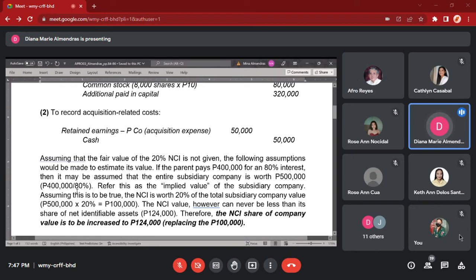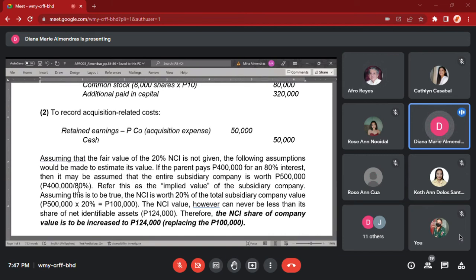Kagaya dito, 400,000 divided by 80%. Refer this as the implied value of the subsidiary company. Assuming this is to be true, the NCI is worth 20% of the total subsidiary company value. 500,000 times 20% equals 100,000. Kung yun daw ang susundin, ang NCI value daw ay 100,000.